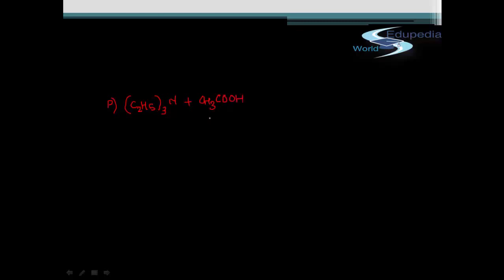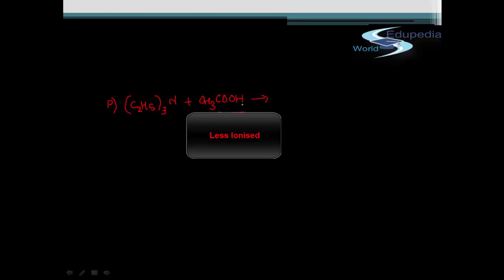Okay, so what will happen to conductivity in this case? See, what happens is that when a weak acid is titrated with a weak base, this weak acid CH3COOH was initially very less ionized. So the number of ions in the solution was less.